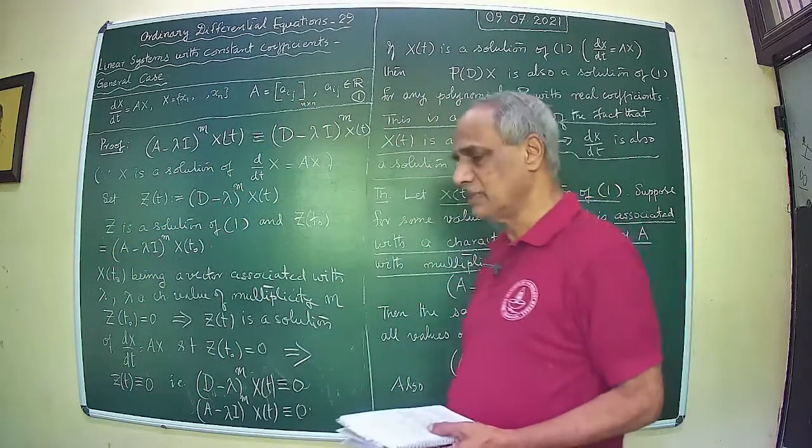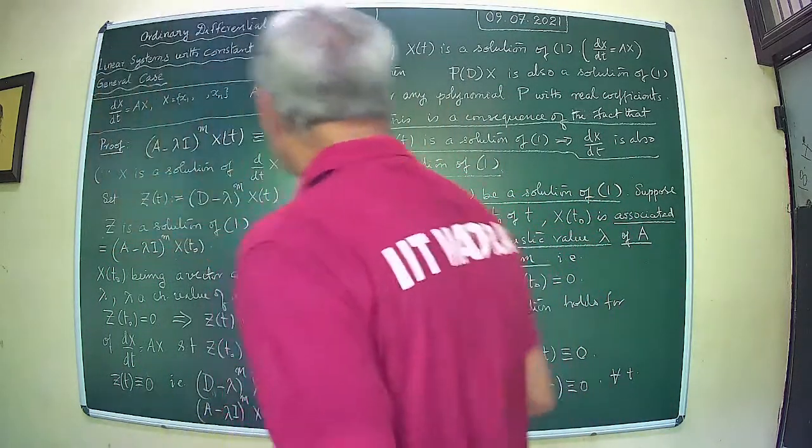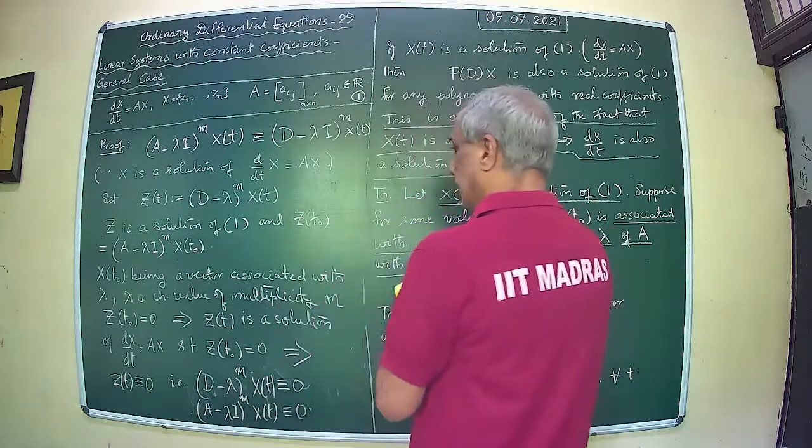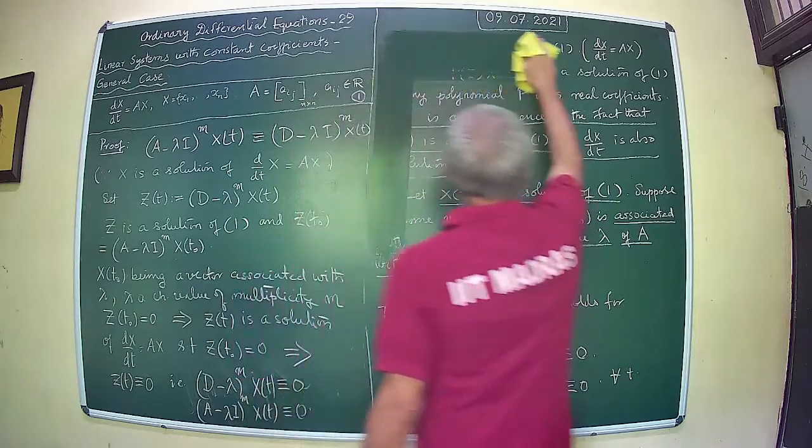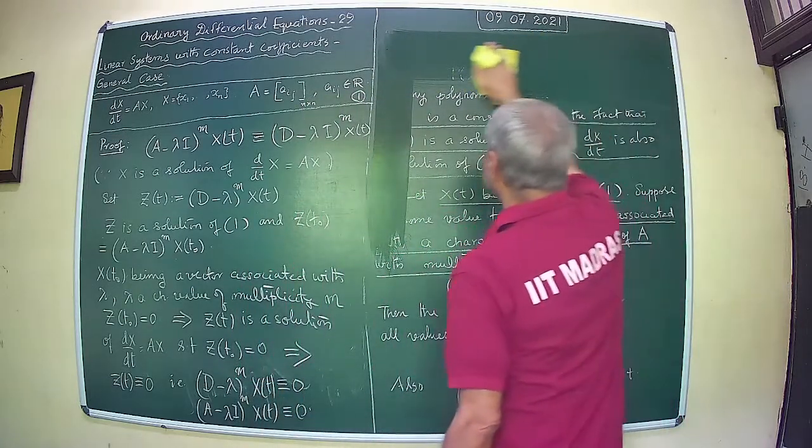So this is the result that we have proved. Now we define things like what is called a primitive solution and so on. Okay.